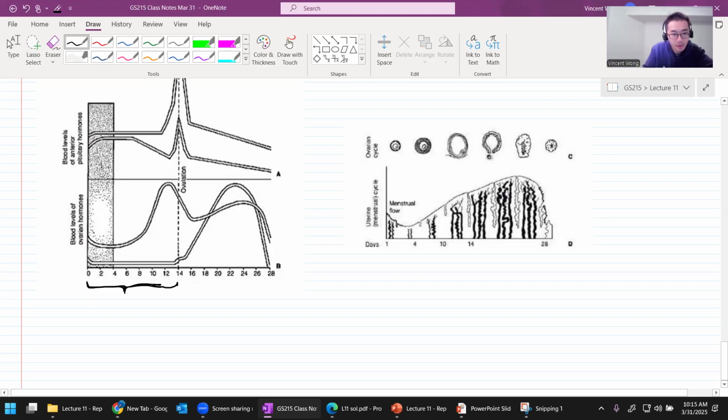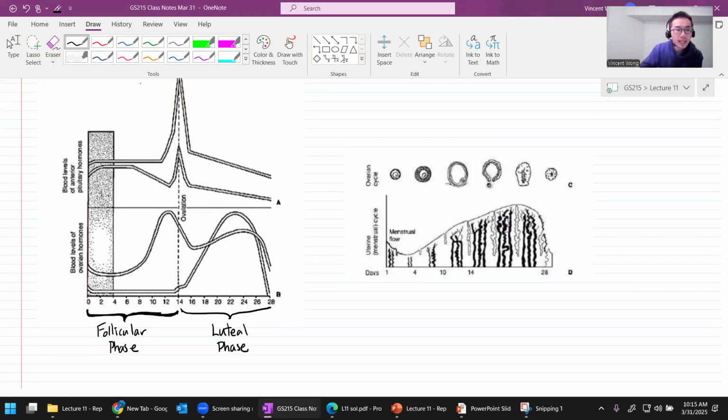What phase is that? Yeah, the first half is the follicular phase, where the follicle is going to be developing. And then here we have the luteal phase, dominated by the presence of the corpus luteum right there.